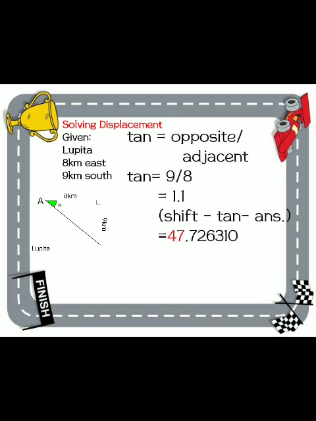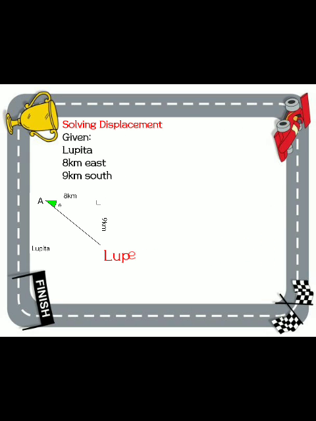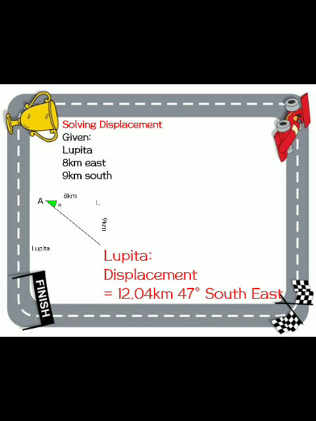So our angle will be 47 degrees. There are many digits, but only get the first whole number in the calculator. Since we are done finding the resultant vector and angle traveled by Lupita, the displacement of Lupita is 12.04 km at 47 degrees southeast.